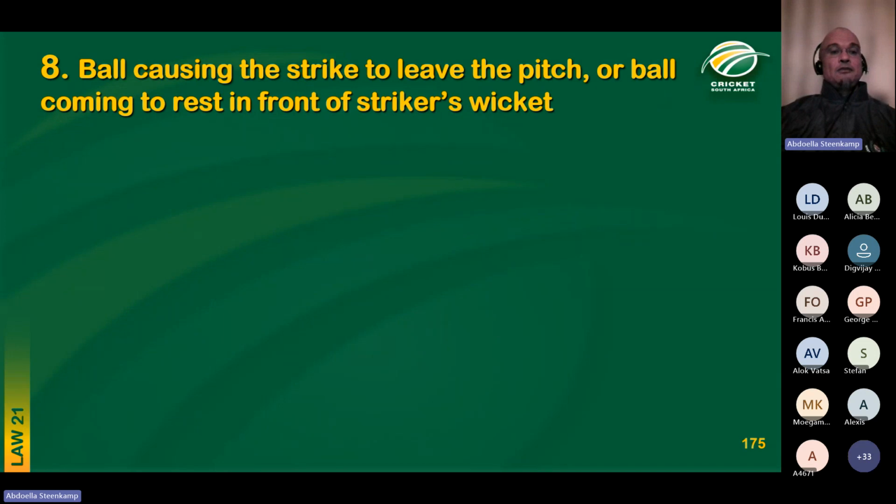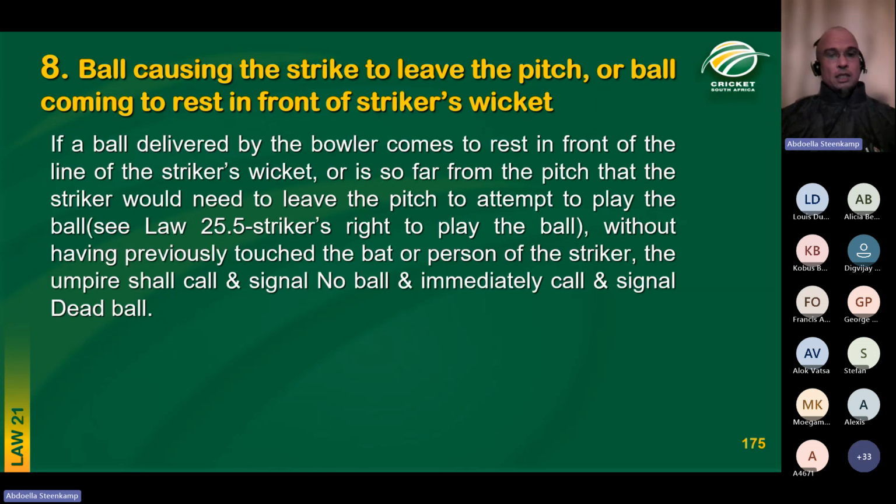So what happens if the ball causes the striker to leave the pitch, or the ball that was bowled by the bowler comes to rest in front of the striker? It stops in front of the striker. The previous laws spoke about the ball rolling towards the striker, and you then need to call and signal no ball. In this instance, the ball actually comes to a stop before the striker's wicket.